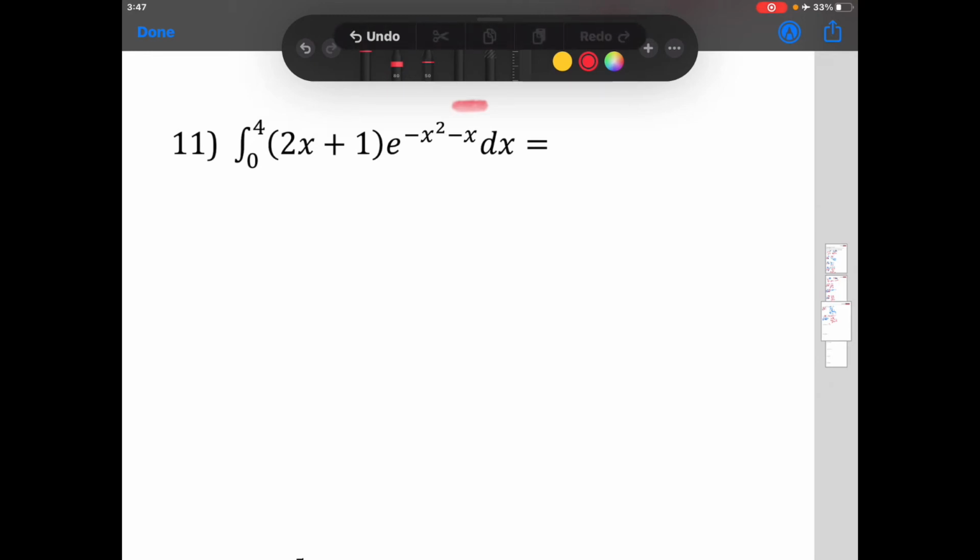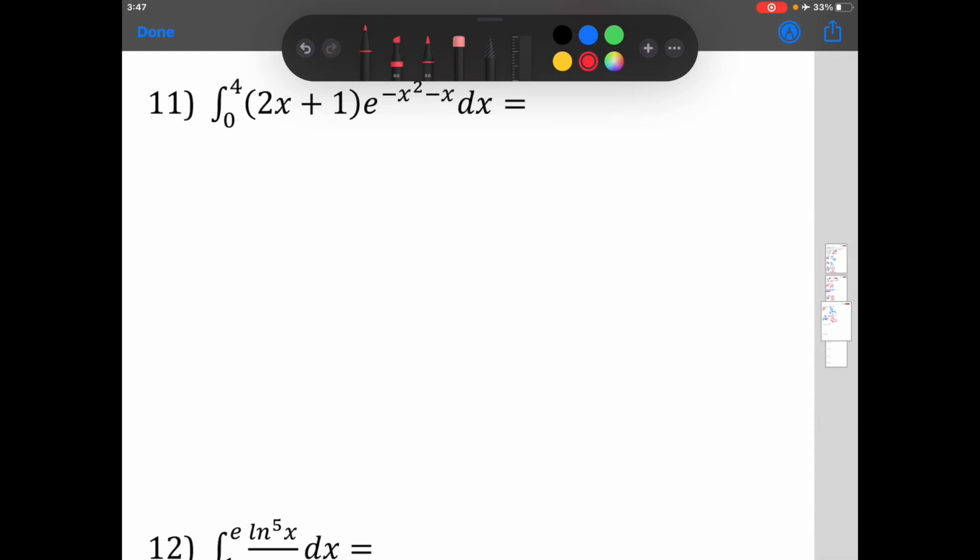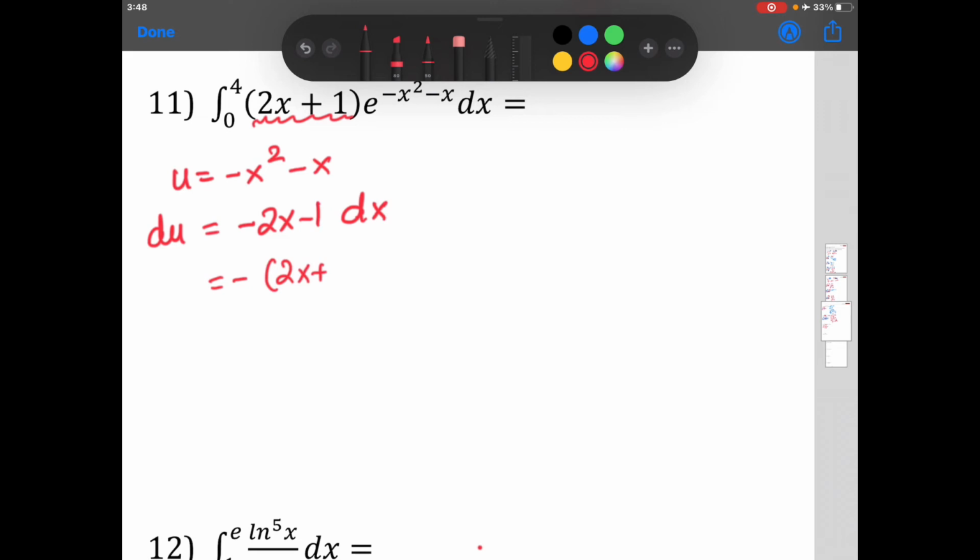Since e is there, I'm going to say my u is equal to the exponent of e, which is negative x squared minus x. So du is going to be negative 2x minus 1 dx, right? So I want actually 2x plus 1. So what would I do? I'm going to factor out my negative, and I'm left with 2x plus 1 dx.